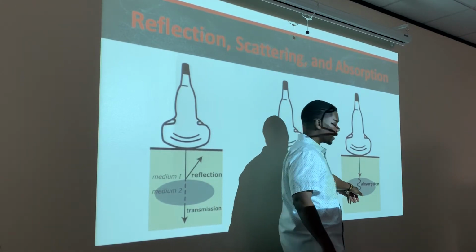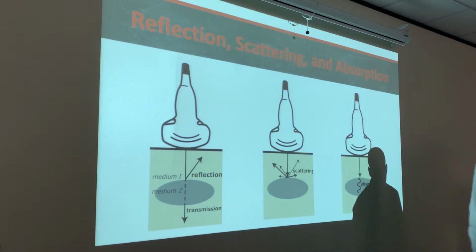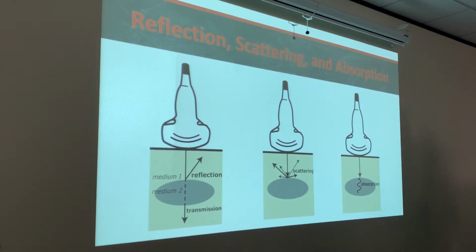Meaning that it's going to keep traveling. Either the sound is going to be absorbed or it's just going to keep transmitting through the body. We're good, guys. What are 2 determining factors of attenuation? Length and frequency. And these are our 3 components of attenuation: reflection, scatter, absorption. The larger of those 3 would be absorption.